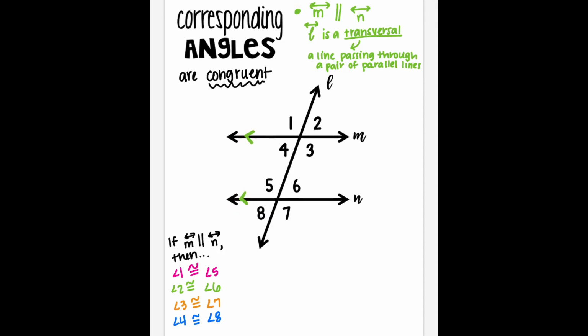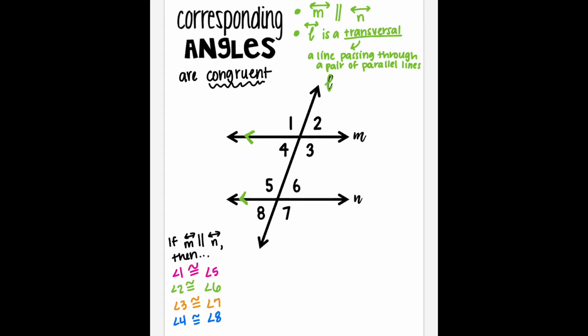So that's one piece of vocabulary. Line L is what we call a transversal. A transversal is just a line that goes through two parallel lines. So line L crosses over M and N. Since M and N are parallel, L is a transversal.